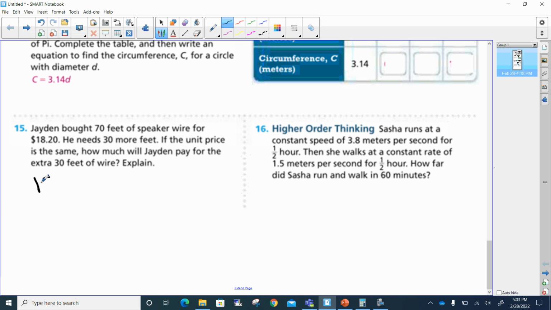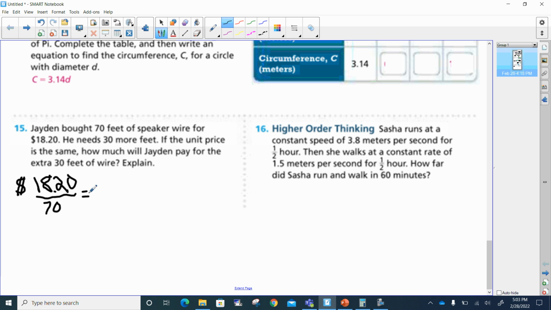That's the $18.20 that he paid. Wow, that is ugly. Let me try to rewrite that. I don't want to confuse anybody. This is the money, and he paid $18.20 for 70 feet of speaker wire.